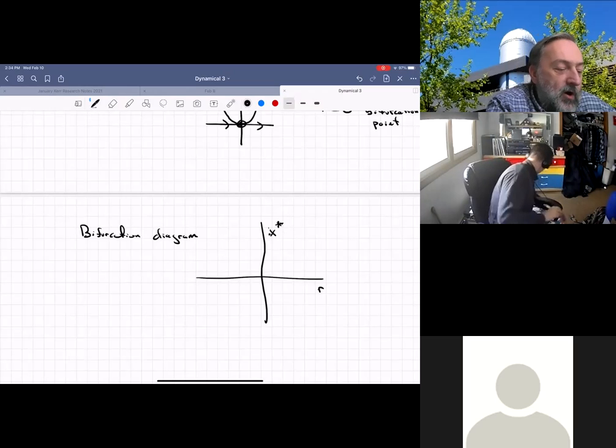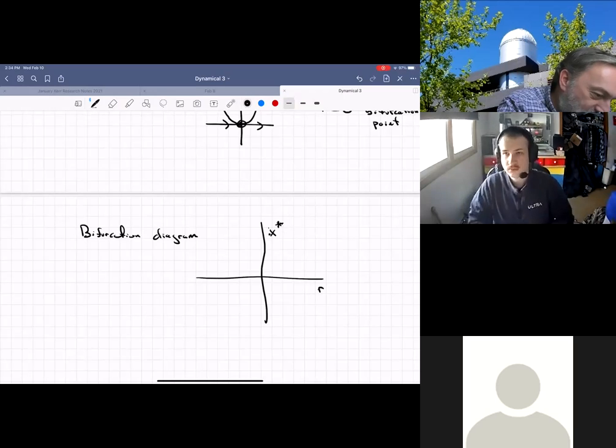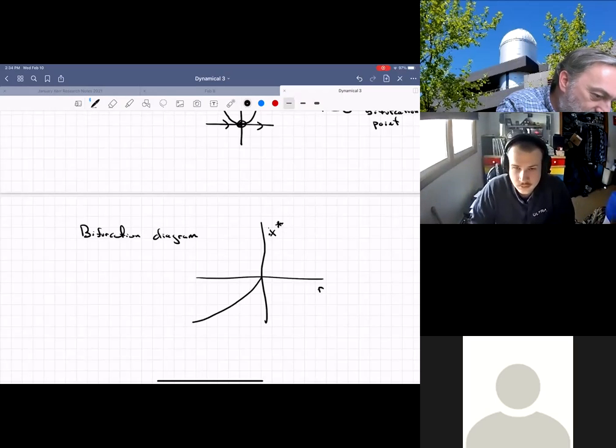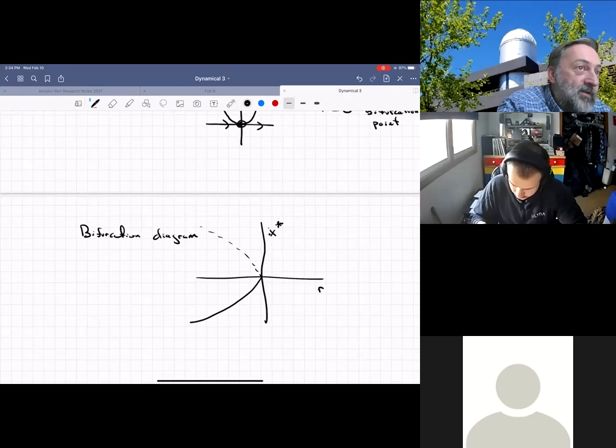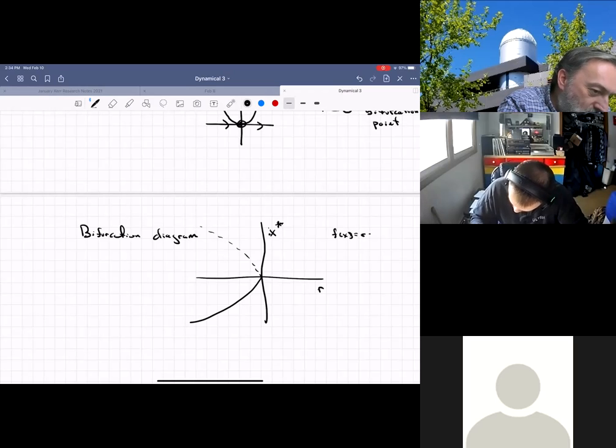And we see that if r is positive, there are no fixed points. But for r negative, there are fixed points. Here, f of x was r plus x squared.